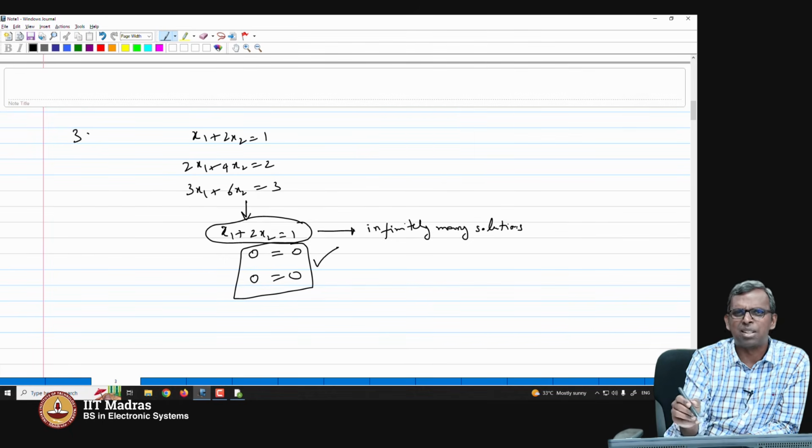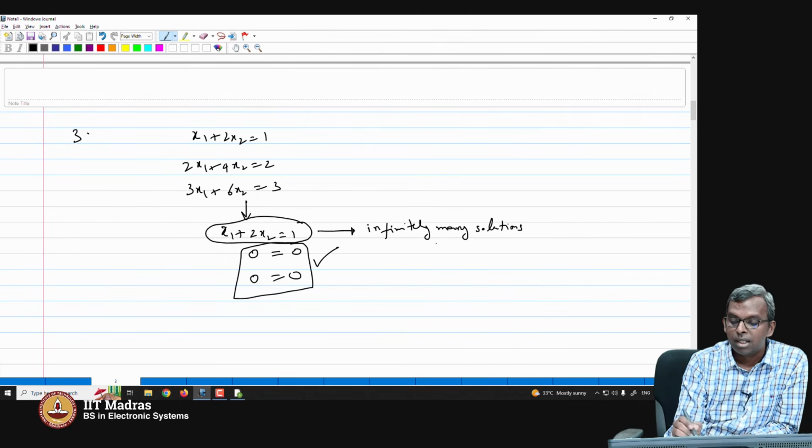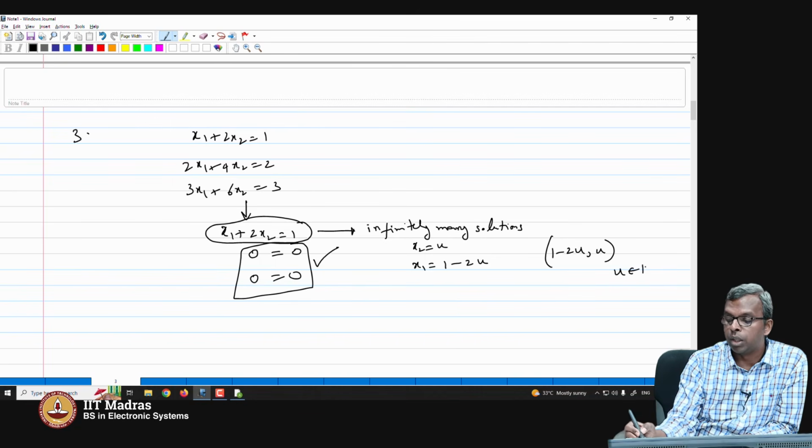I've not written the matrix form here, it's not so relevant. Infinitely many solutions. So we can write the parametric form. You put x2 equals u, I'm going to get x1 equals 1 minus 2u. So the solution is of the form (1 minus 2u, u) for all u in the real line.